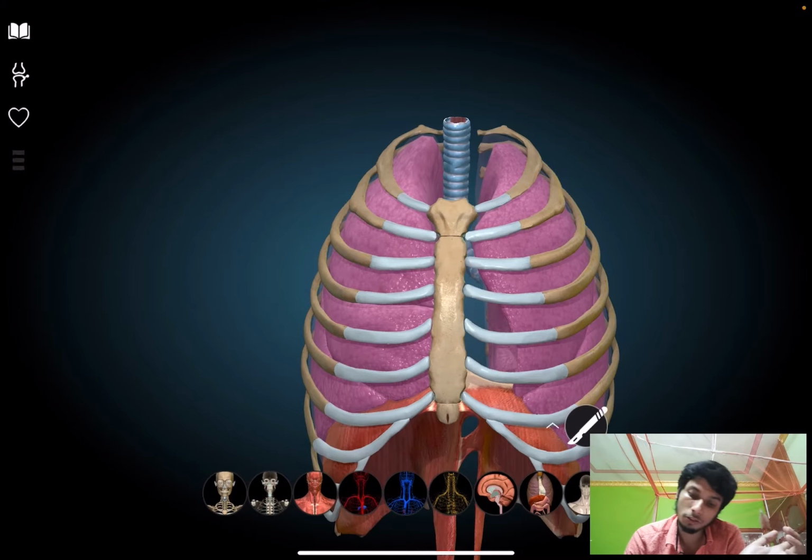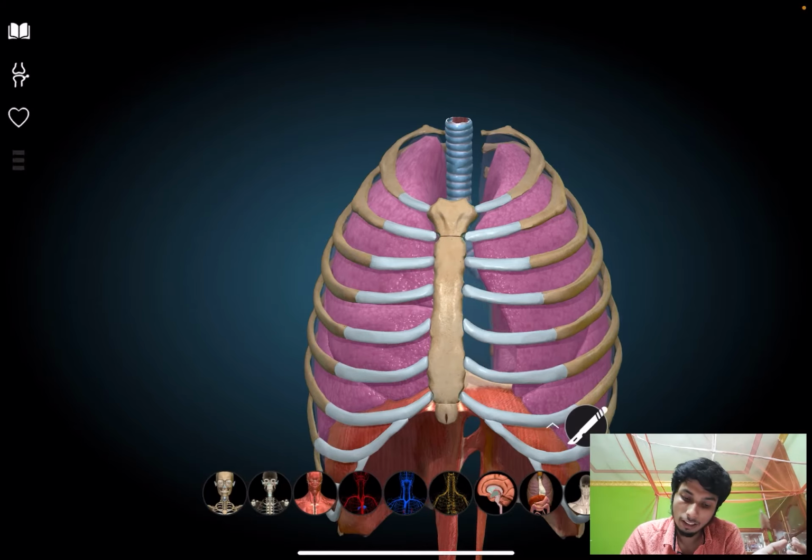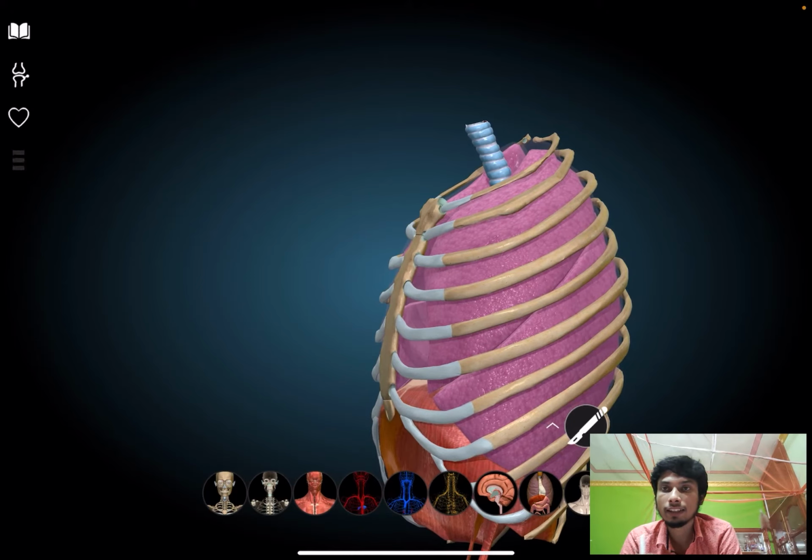Okay, so let me show it. And how are the superior and inferior mediastinum divided? It is divided with the help of transverse thoracic plane.